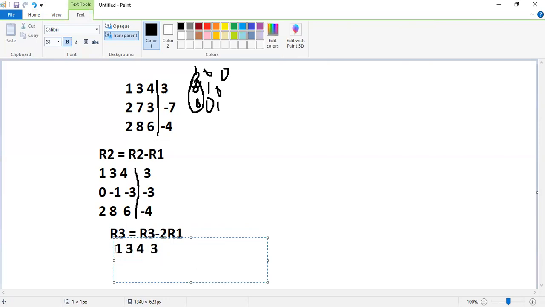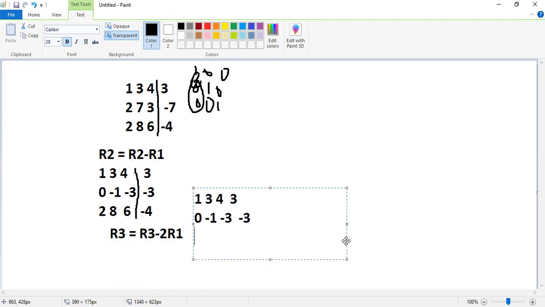You're not working on row 2, so row 2 will also be the same thing, right? But our focus is on row 3, right?